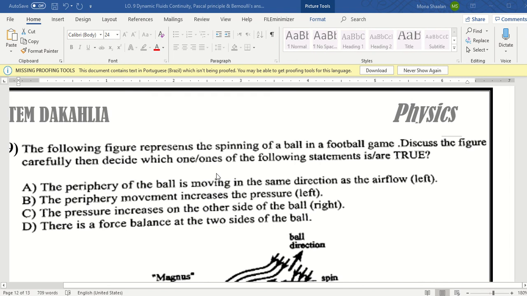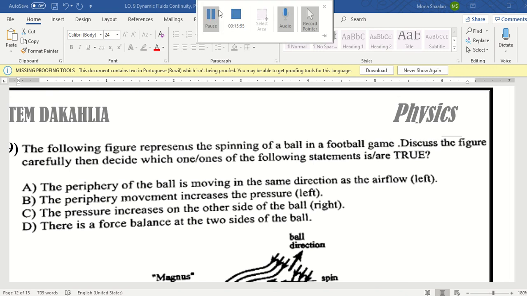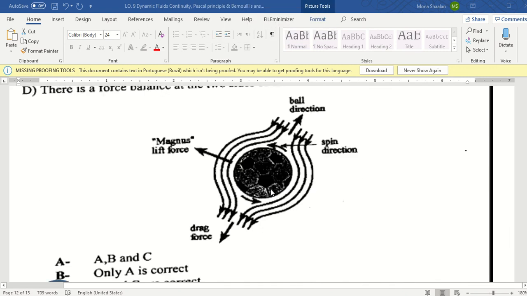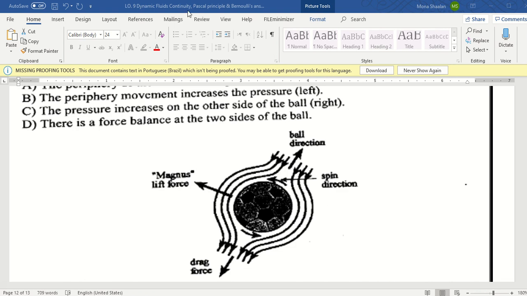The following figure represents the spinning of a ball in a football game. Discuss the figure carefully, then decide which one or ones of the following statements are true. Okay, what will happen here? We call this situation the Magnus effect, due to spinning.